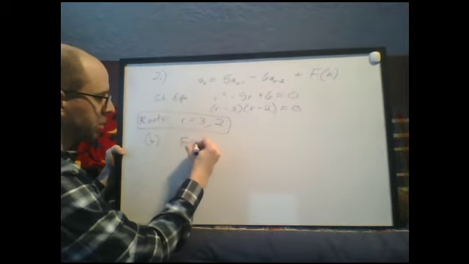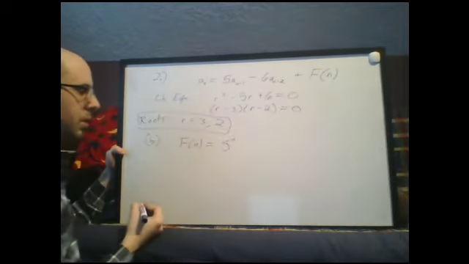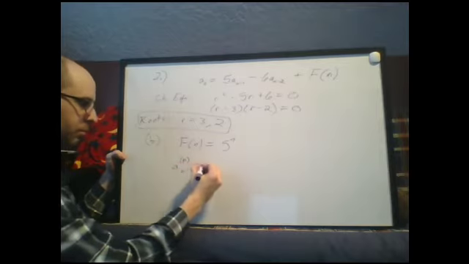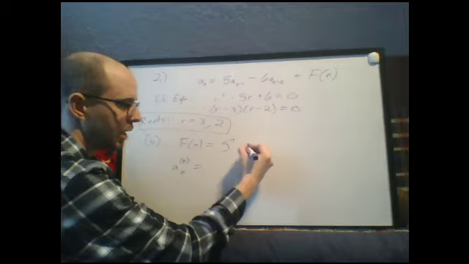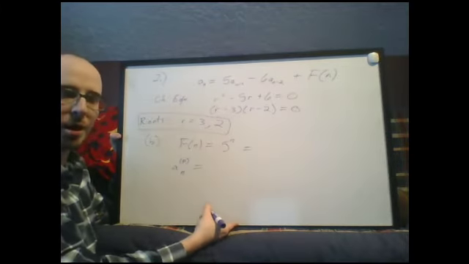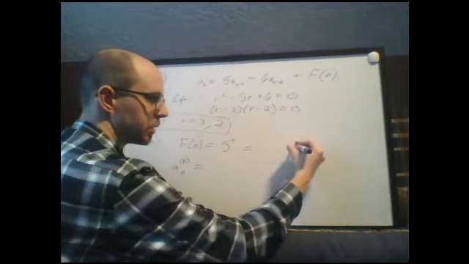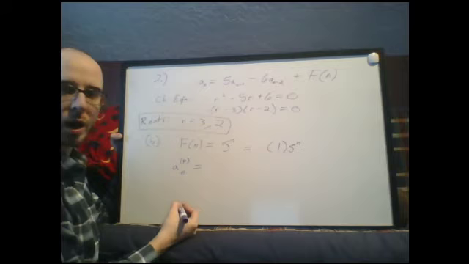So same question, but now f of n equals 5 to the nth power. So APN is, well, again, we want to think of it as a polynomial times an exponential. This time I just have an exponential expression, 5 to the n. My polynomial then is just 1.